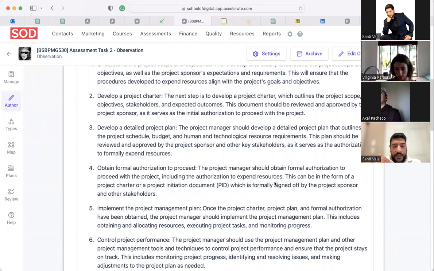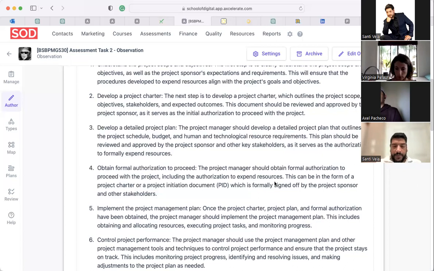Examples of them: the scope management plan, which is a unit that you manage pretty well. The scope management plan. What else? The risk management plan. Well done. What else? The human resources management plan, or the resources management plan.